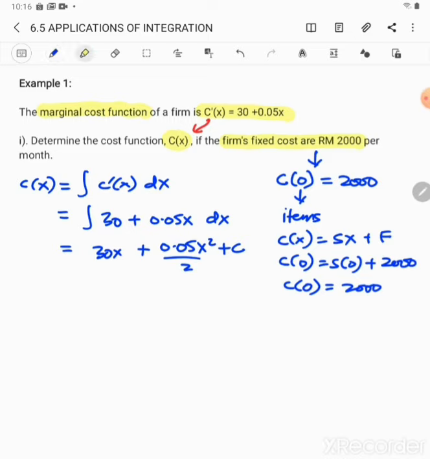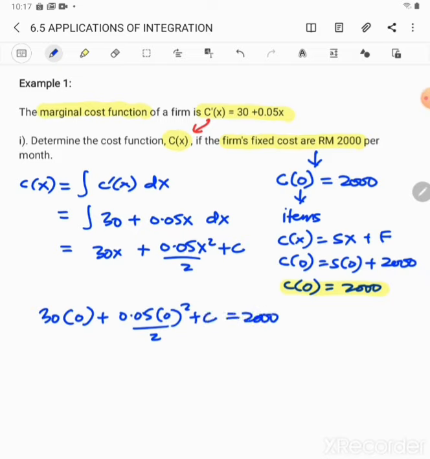So from this info, we substitute into the function that we already integrated just now. So when x is 0, 30 multiplied by 0 plus 0.05 over 2 times 0 plus C equal to 2000.